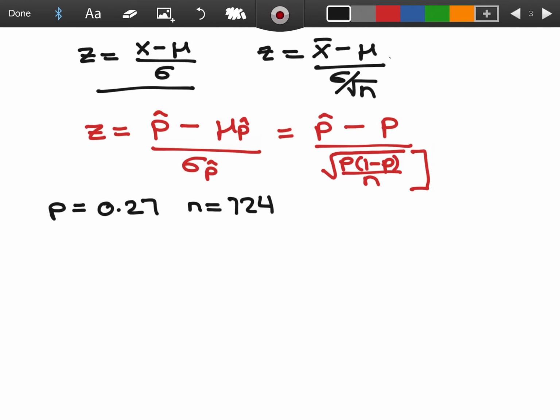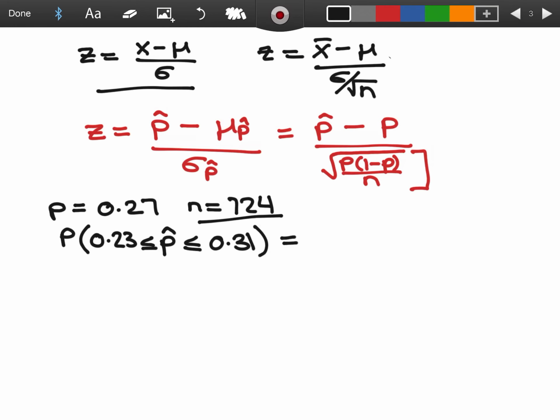So we want to know the probability that the sample proportion for this sample of 724 students would differ from this population proportion by less than 0.04. If I look at 0.04 either side of this, I'm looking at the probability that my sample proportion is between 0.23 and 0.31.